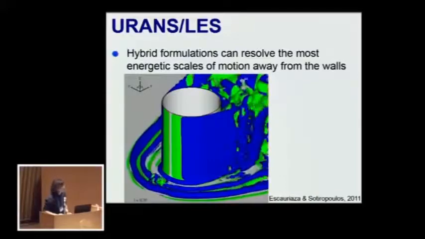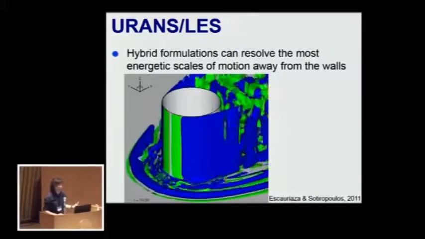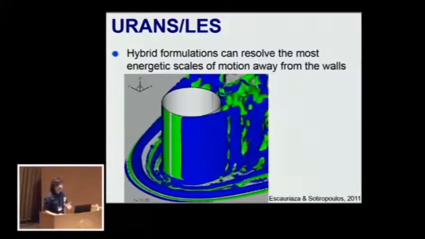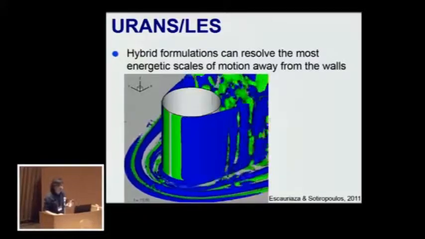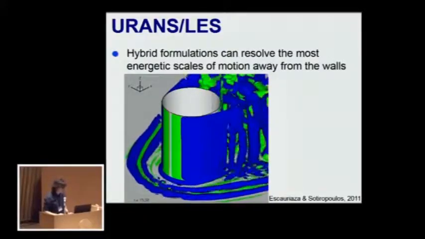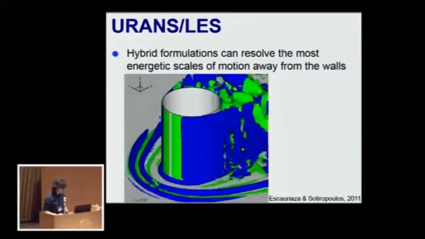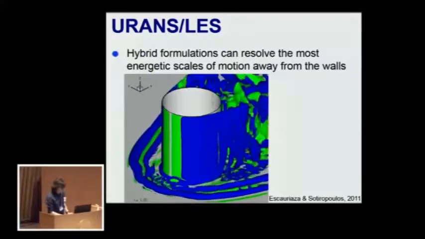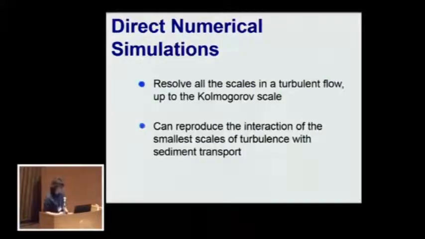Since we were able to use this model, this was the first time that we could capture every single aspect that had been observed in experiments in the horseshoe vortex system before.